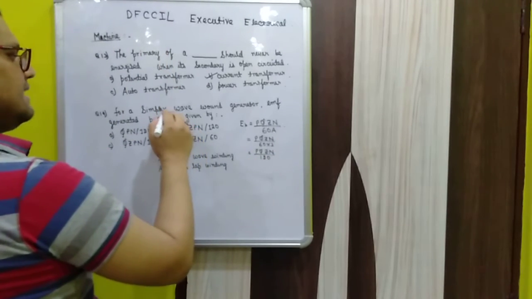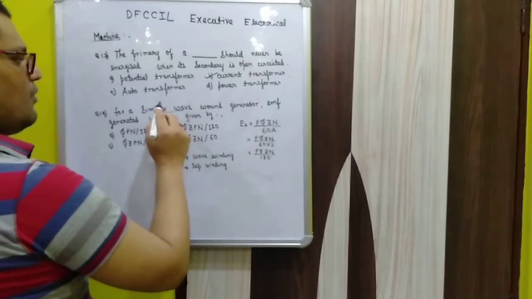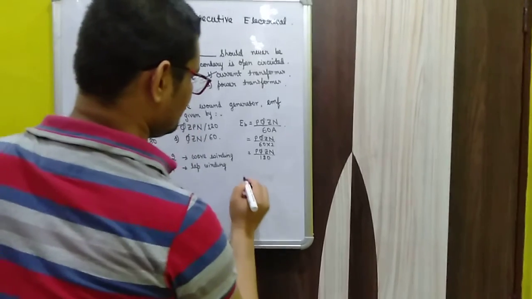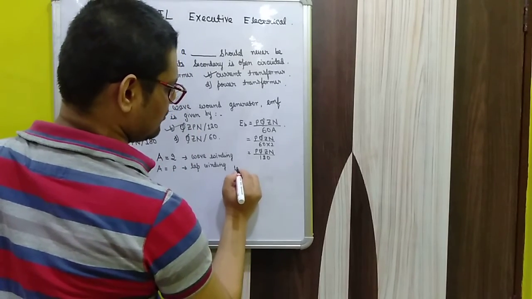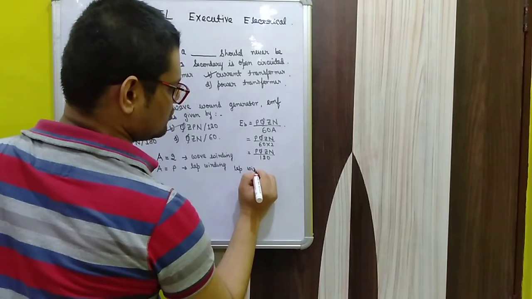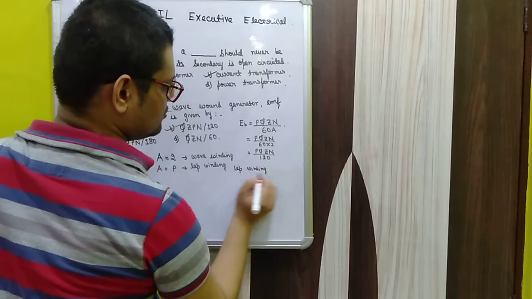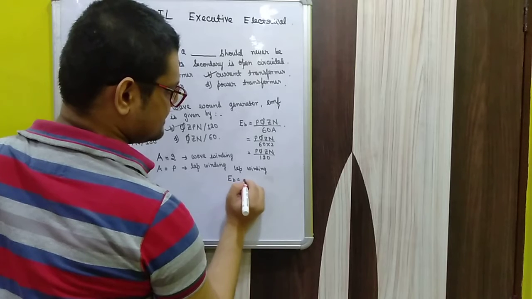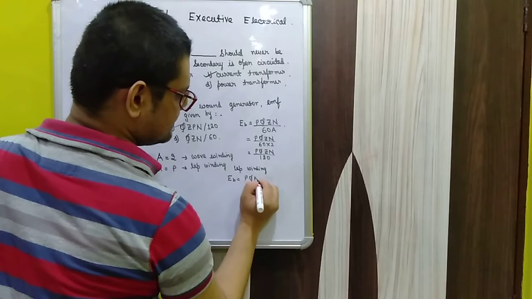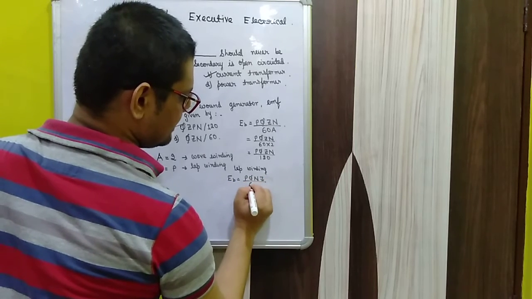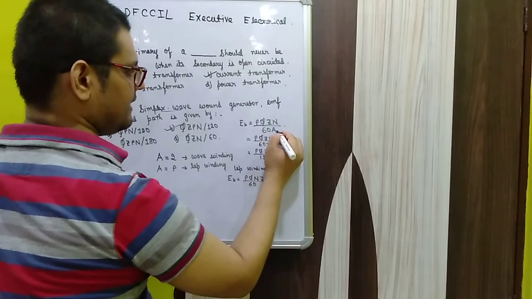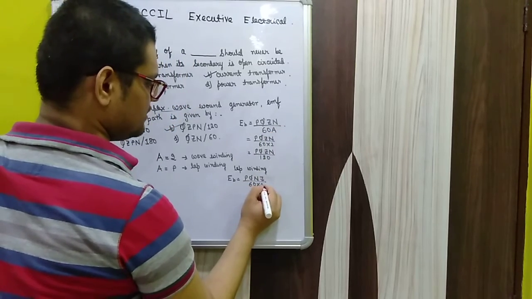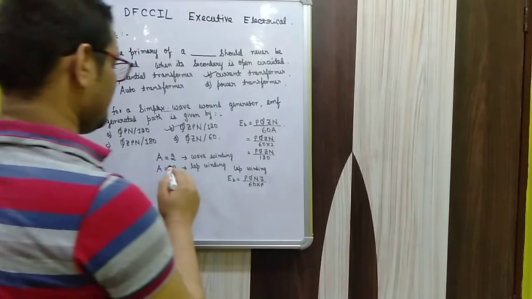If they ask for lap winding in the question, what would be the answer? Eb will remain the same, P phi Zn by 60 A, and in the case of lap winding A will be P, because the number of poles will be equal to the number of armature paths.